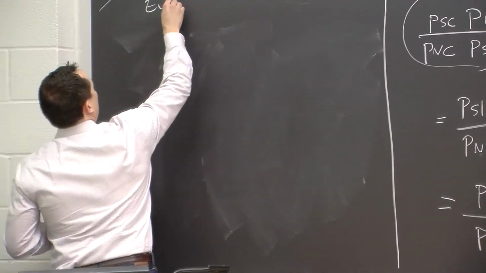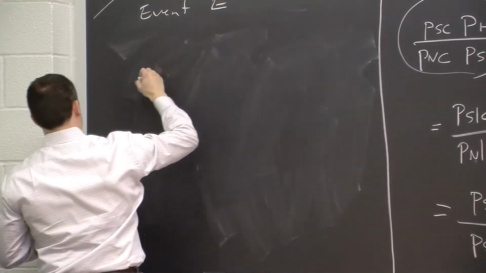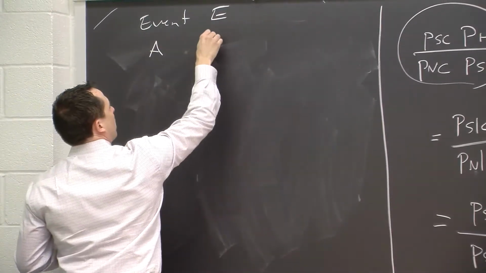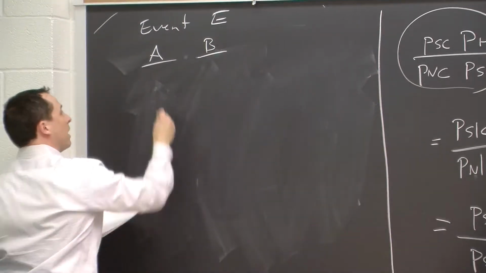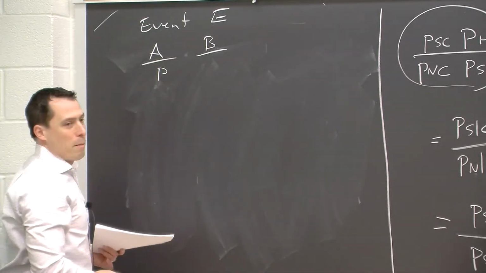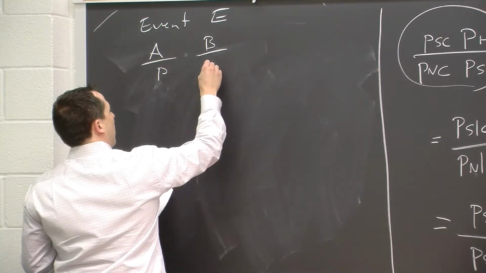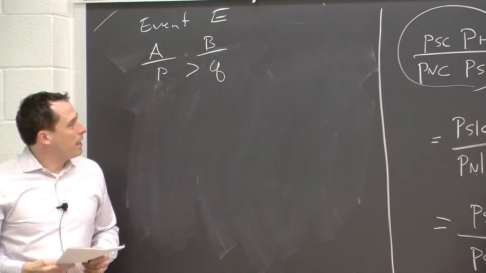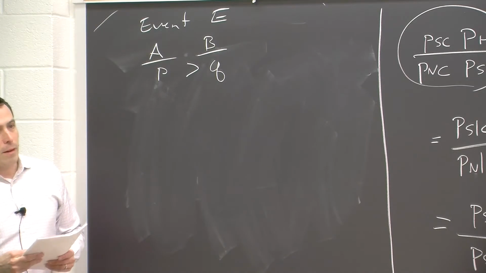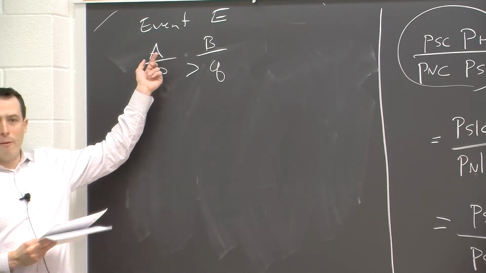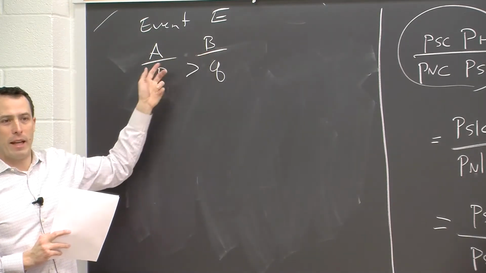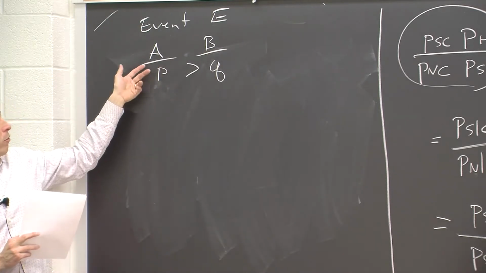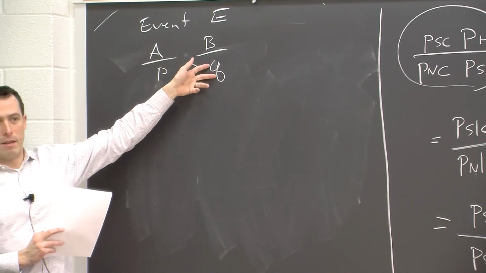So we have an event E, and market A and market B, and implicitly market A assigns probability P to the event, and market B assigns probability Q, and let's say P is greater than Q. That means the odds in market A will be worse than in market B. A will pay you less if E happens than B will.